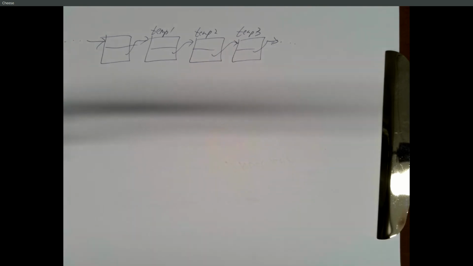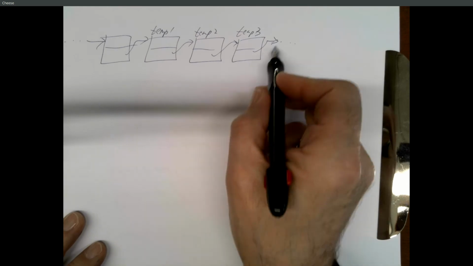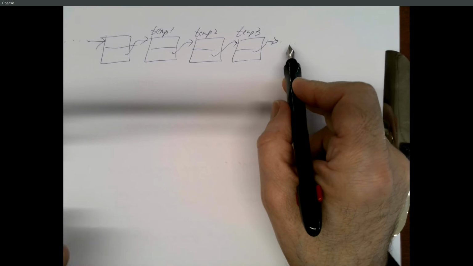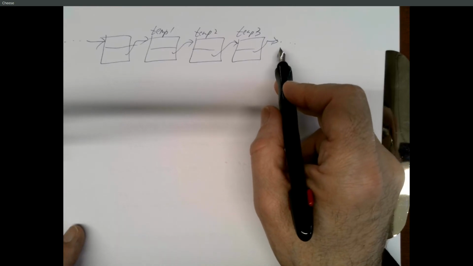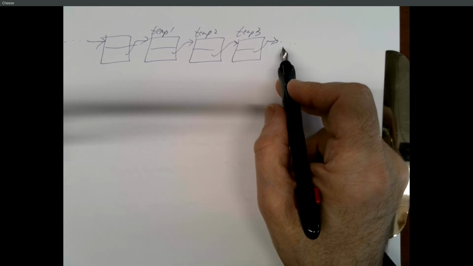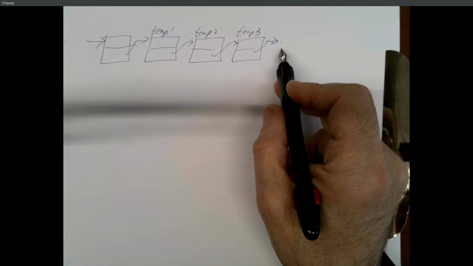All right, swapping temp2 and temp3. Well, basically temp1 needs to point to temp3, temp3 needs to point to temp2, temp2 needs to point to whatever comes after temp3. So the only thing that can get you into big trouble here is the order of operations. Okay.